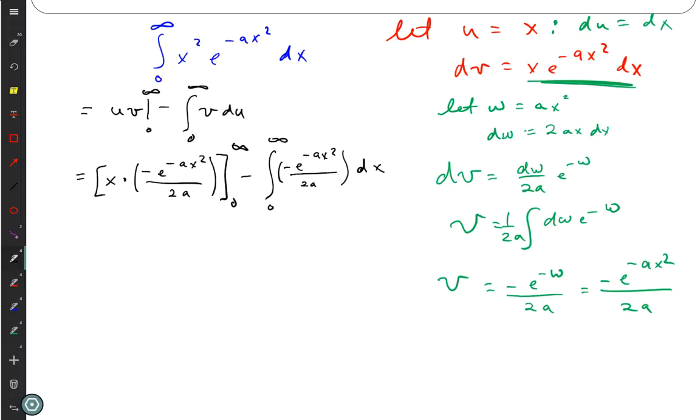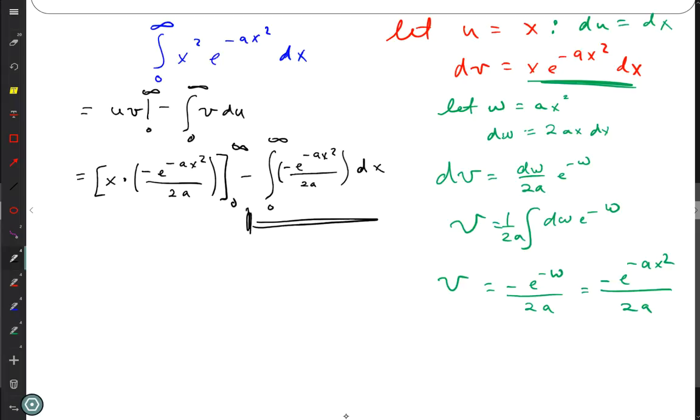If I put in the infinity, it's infinity times e to the minus infinity. It's infinity times 0, so that's where I have to use L'Hopital's rule. And as we just saw, the polynomial is going to lose to the exponential. And so it's going to be 0 for both terms in the first one, and I'm just left with this piece right here.